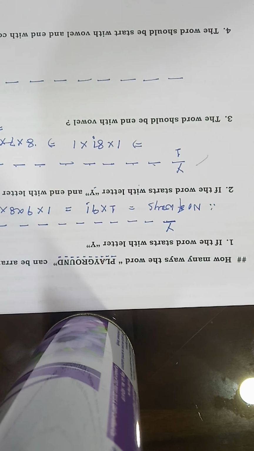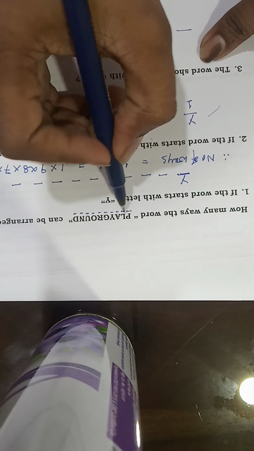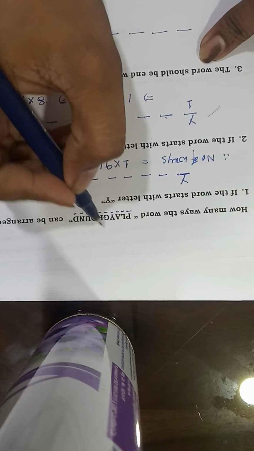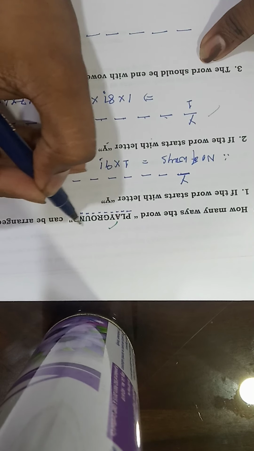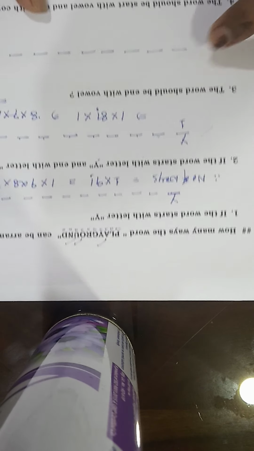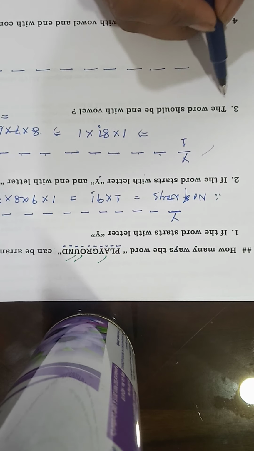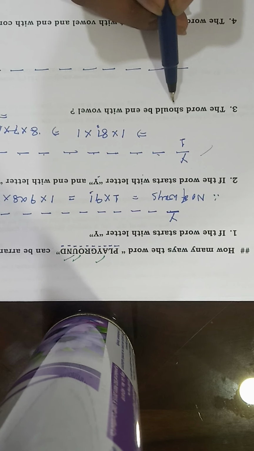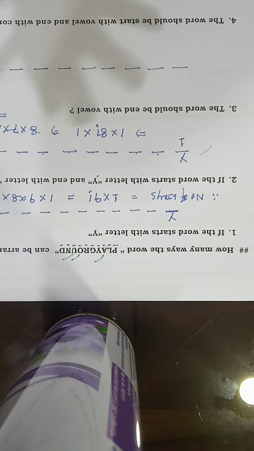In PLAYGROUND, you can see the vowels are A, O and U. There are 3 vowels, and the question says the word should end with a vowel. So you can put 3 vowels over here.